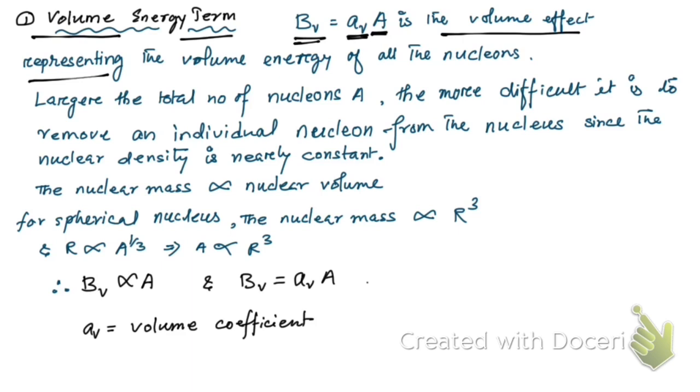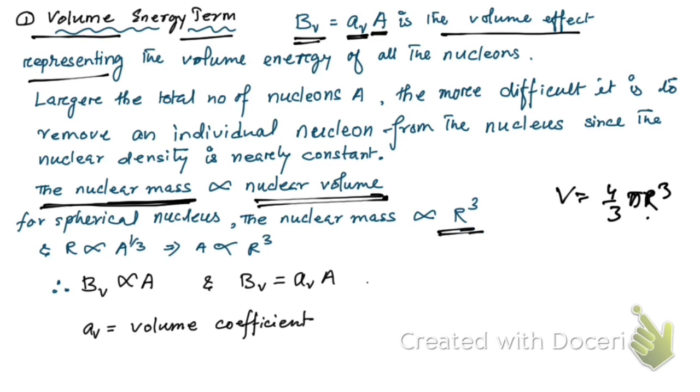Now this volume energy. First let me explain this. Nuclear mass is proportional to nuclear volume, right? So mass number will be proportional to volume, and for a spherical nucleus the volume is equal to 4/3 pi r cubed, where r is the radius. So we can write that nuclear mass is proportional to r cubed, right?